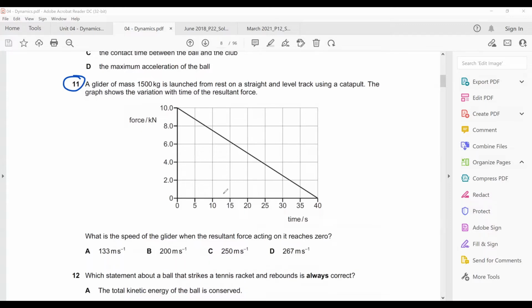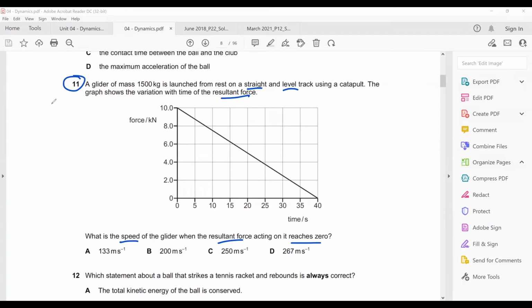So they want you to find out the speed of the glider when the resultant force acting on the object reaches 0.